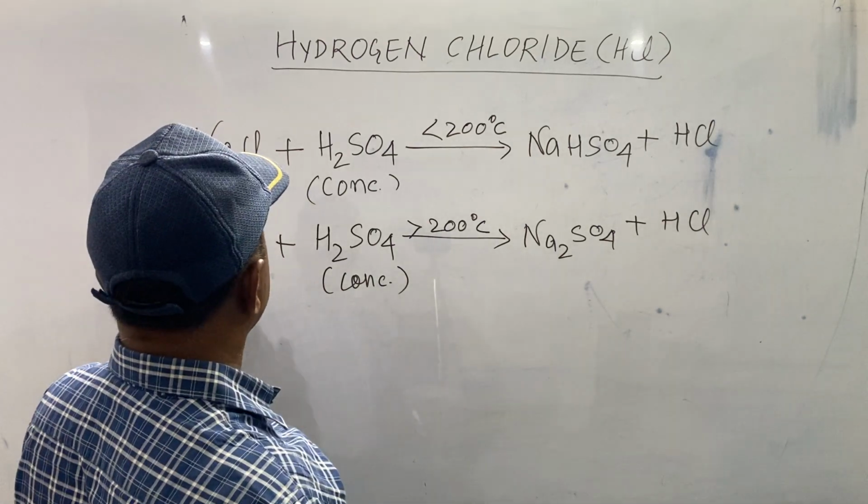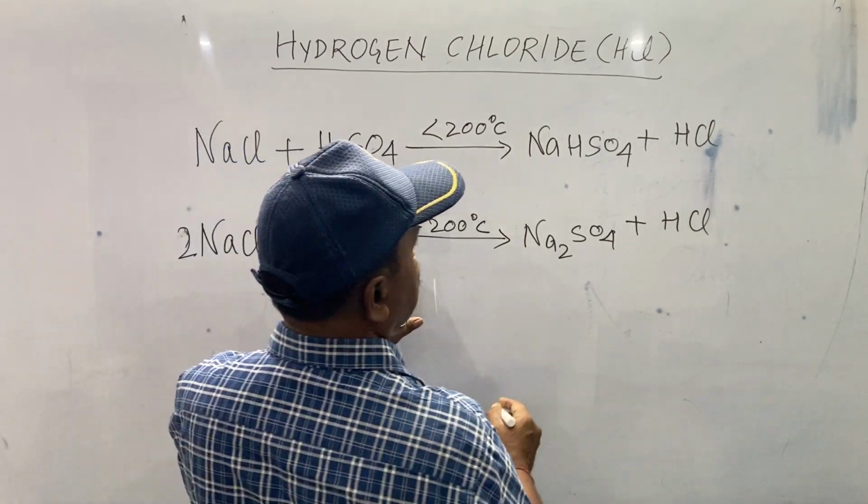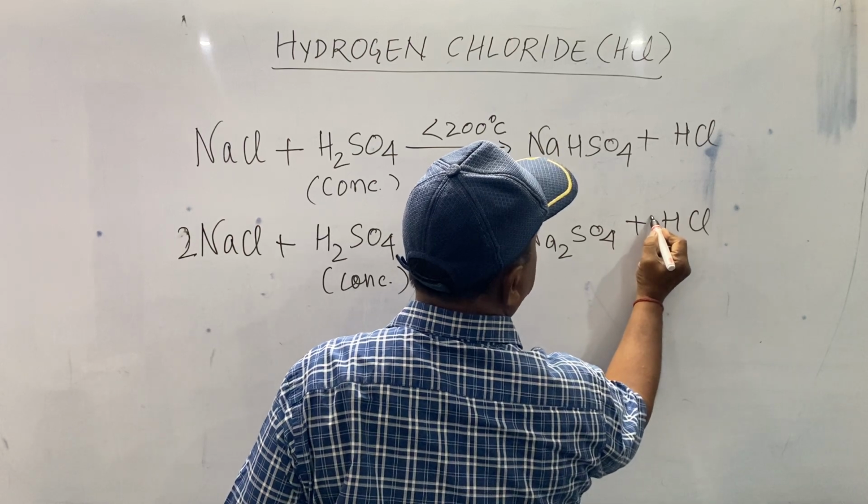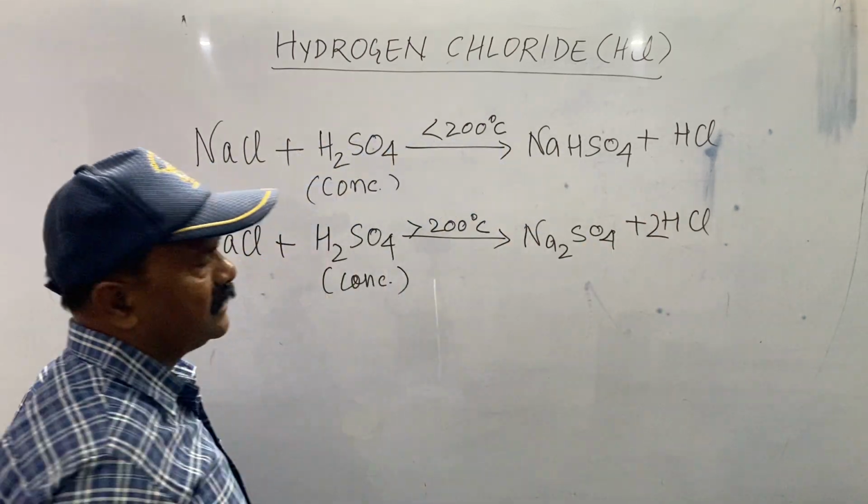We're just balancing: 2NaCl plus H2SO4 gives Na2SO4 plus 2HCl. The equation is balanced.